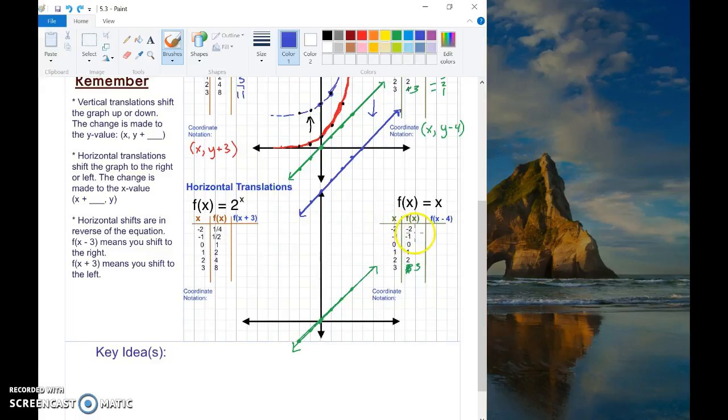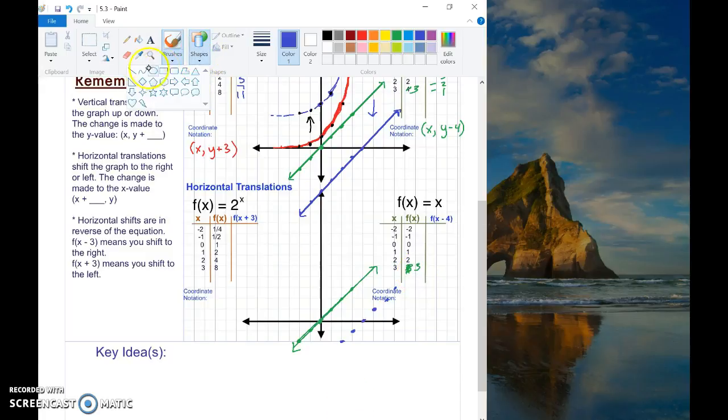I'm going to keep f of x the same, but I'm going to move the x values to the right. x is 2, and if I move it to the right 4, 1, 2, 3, 4, it goes right there. And then this one will go right here, and this one will go right here. 1, 2, 3, 4. You can see what I'm doing. I've just moved it to the right.